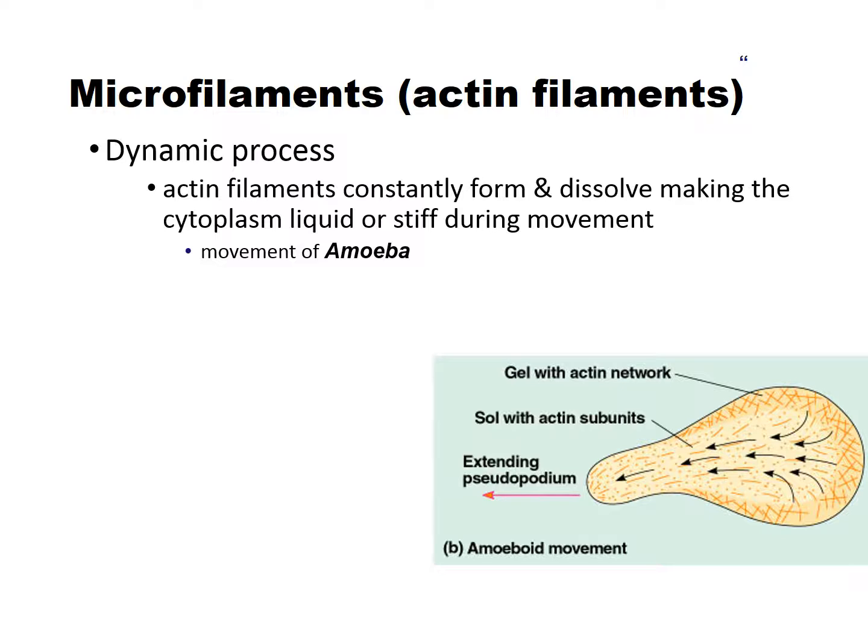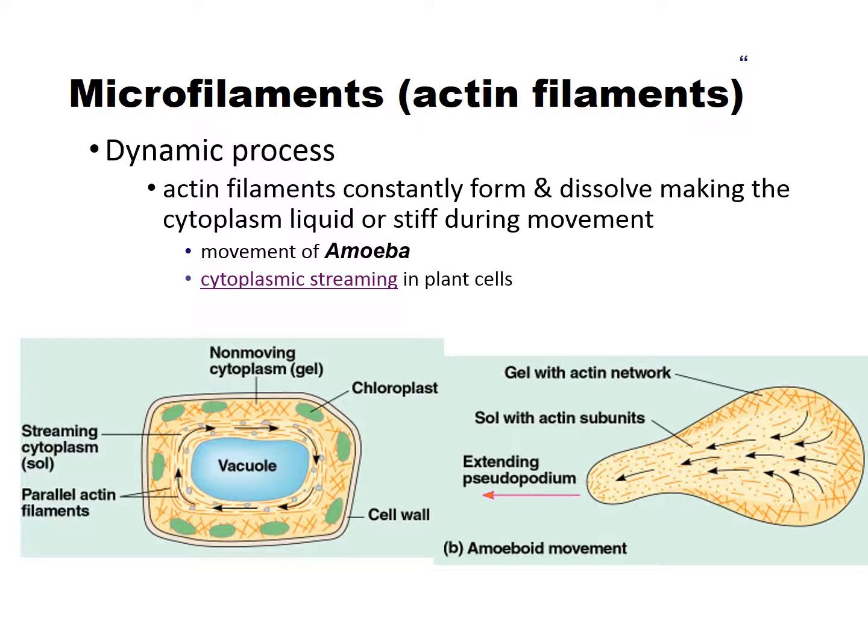So the pseudopodial movement of amoebas and your white blood cells, for that matter, comes from the action of these microfilaments. It also maintains a fluid nature to the cytoplasm, so it does influence the cyclosis in plants.